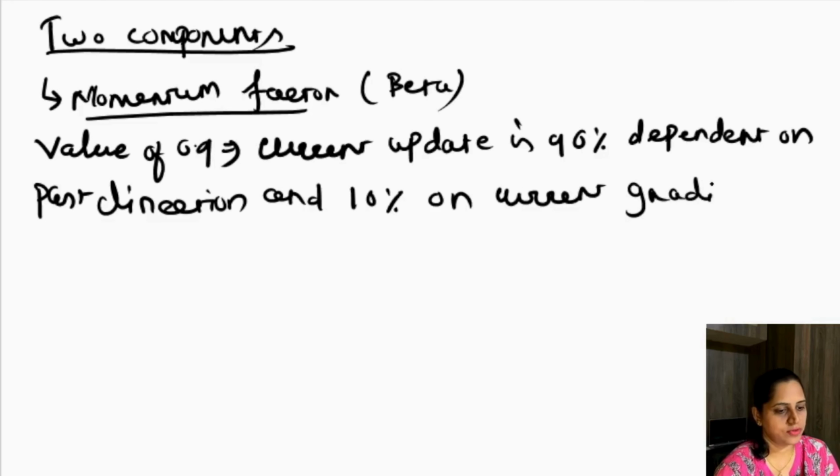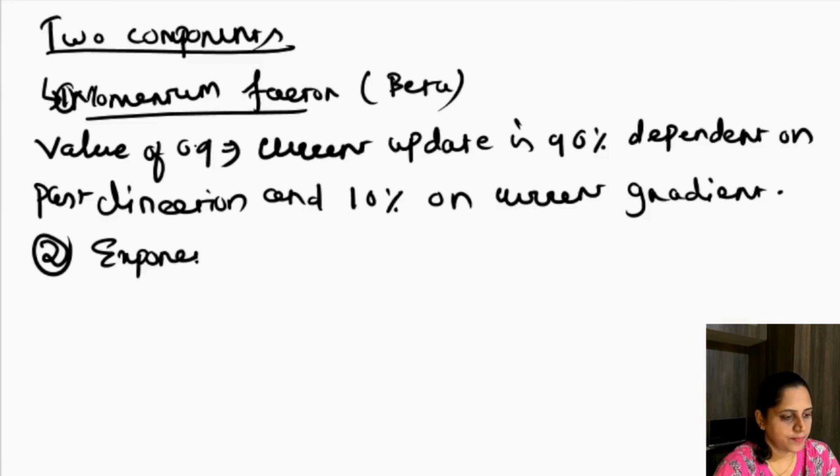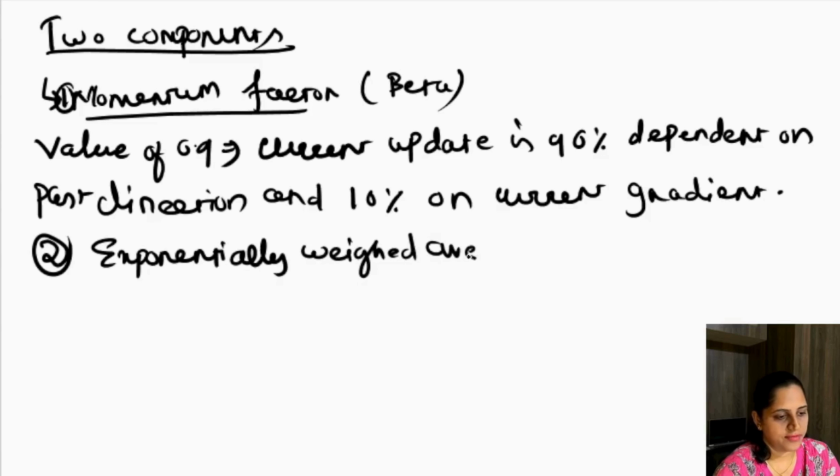That's what I told you, right? It focuses 90% on your past data, or understanding of past direction, and 10% on my current step. And we have one more. So this is one. This is another one, which is nothing but an exponentially weighted average.